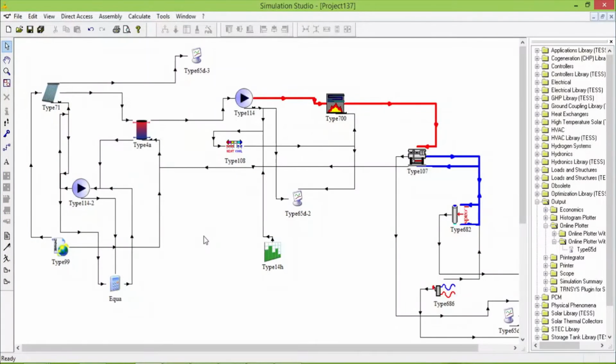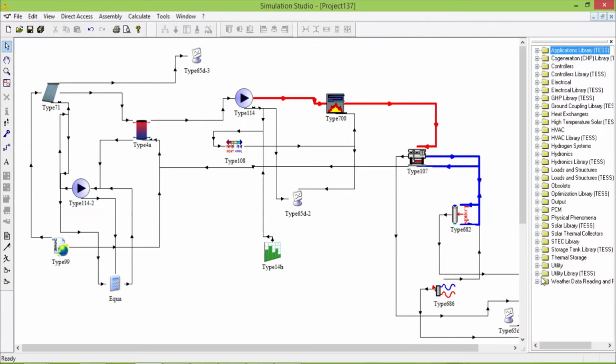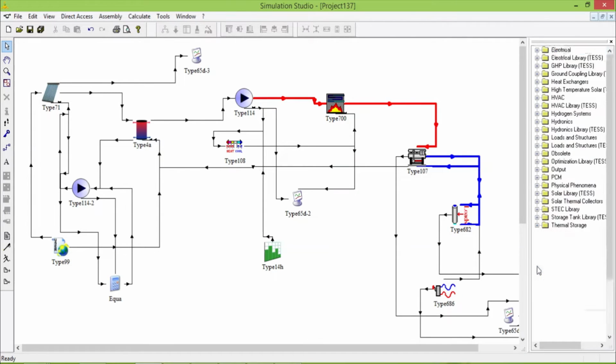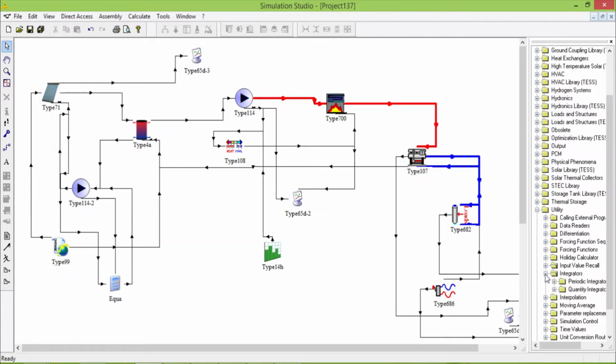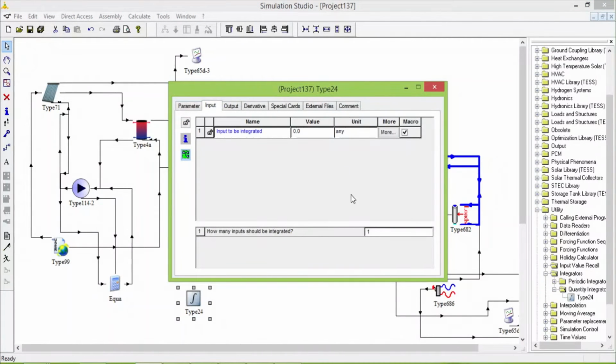Okay, let's check the performance now. So we will add an integrator, utility, integrator type 24, input.